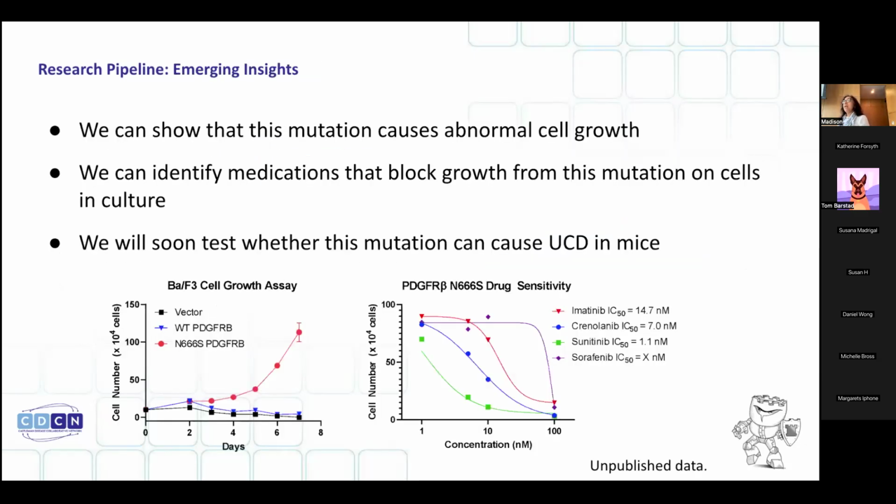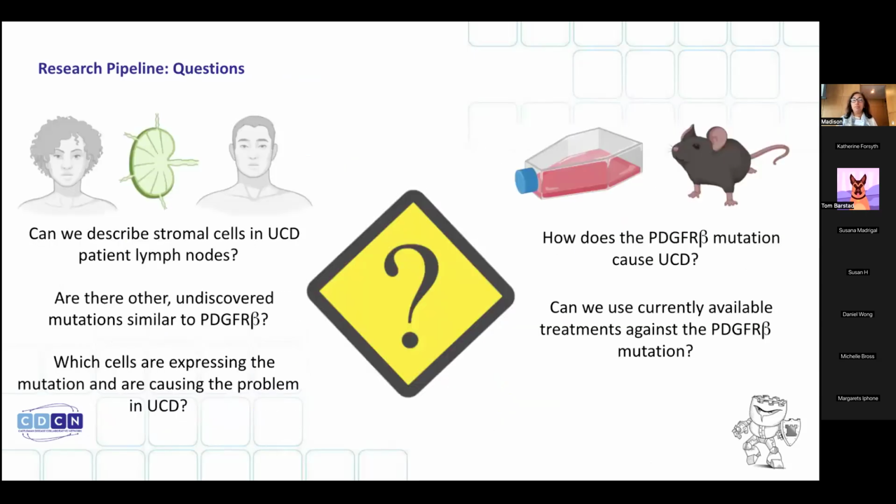All right. And he tested this in other cell populations, and if you have this mutation, the cells grow abnormally. And you can affect them by these medications that are the tyrosine kinase inhibitors by targeting this particular gene mutation.